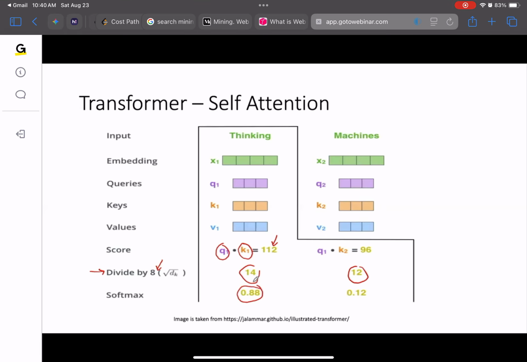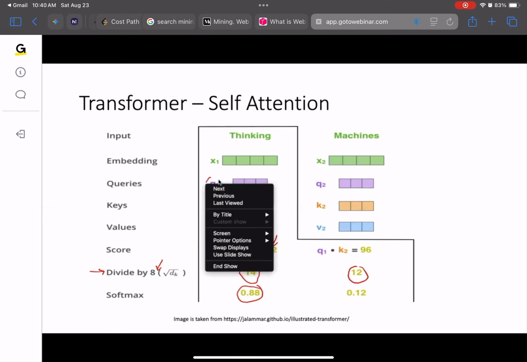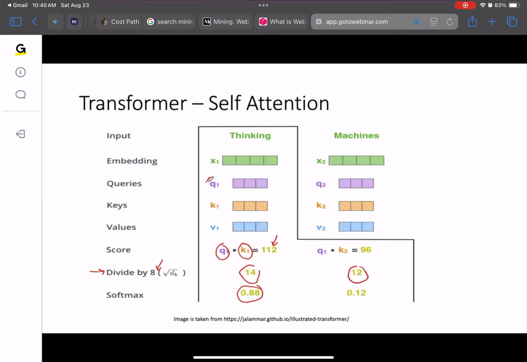Once we compute these similarity scores for this query Q1 with respect to all keys, we take only one Q1 and find out the relevance of various keys. Then we normalize it and get these softmax scores.